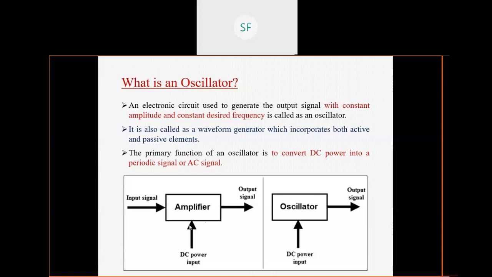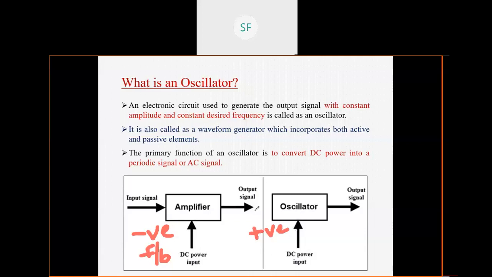While discussing that topic, I told you that amplifiers are nothing but negative feedback circuits. Amplifier requires negative feedback, whereas oscillators are positive feedback circuits. This is the second and most important difference between amplifier and oscillators. Amplifiers have negative feedback, whereas oscillators have positive feedback.